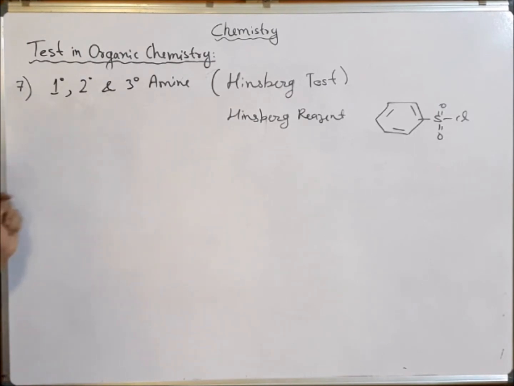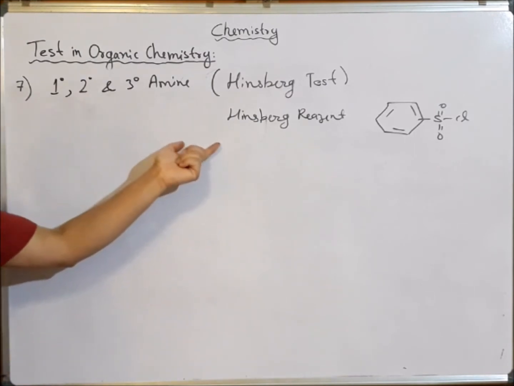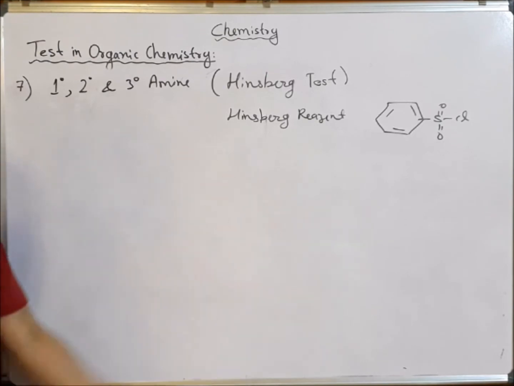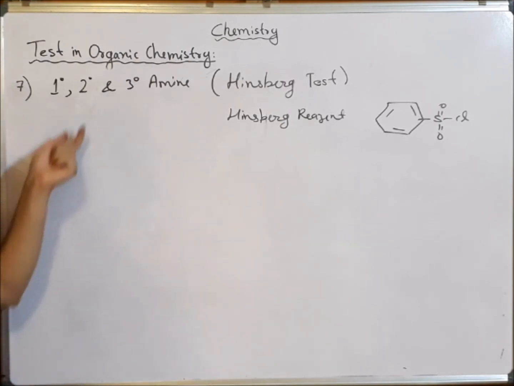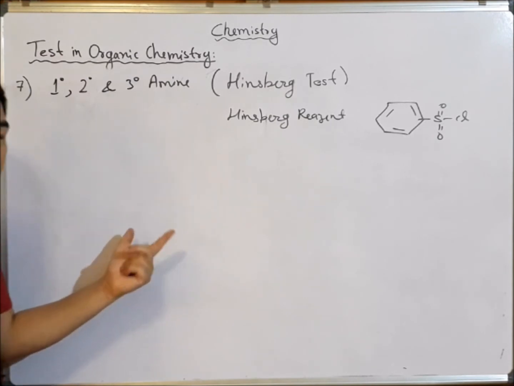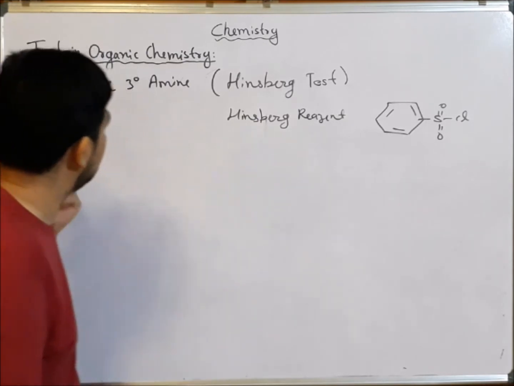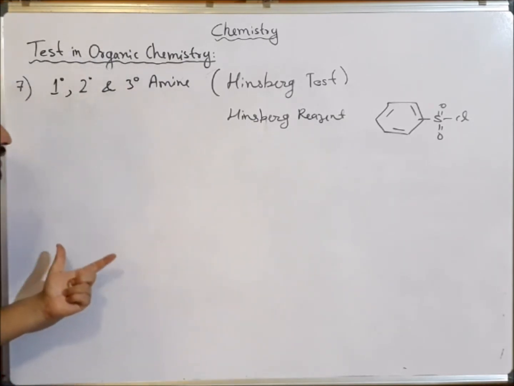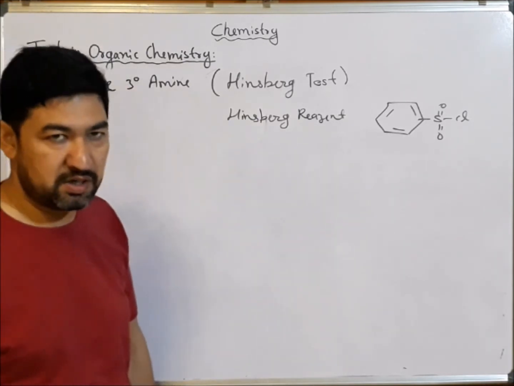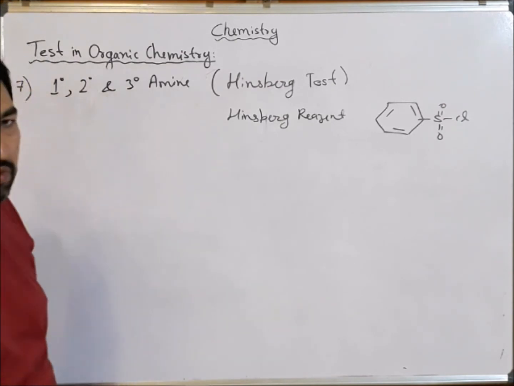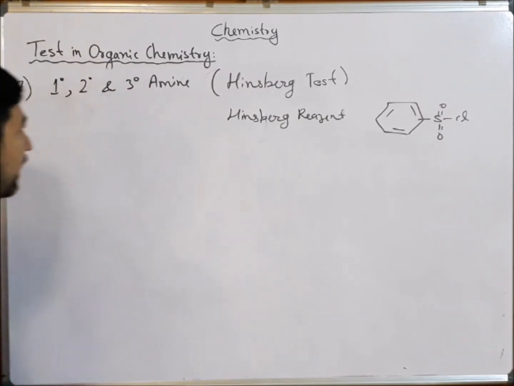When primary amines react with Hinsberg reagent, it forms a compound which is soluble in NaOH. When a secondary amine reacts with Hinsberg reagent, it forms a compound which is insoluble in NaOH. In the case of a tertiary amine, it does not react with Hinsberg reagent. In this way, we can distinguish between primary, secondary and tertiary amines.